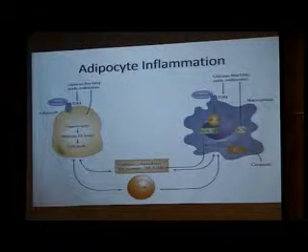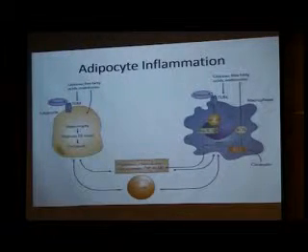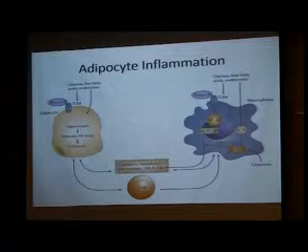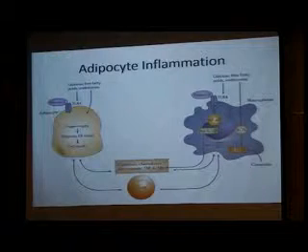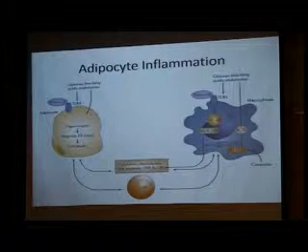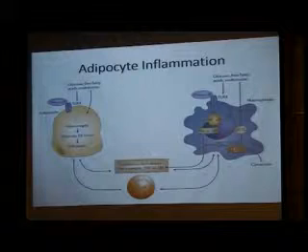We can see there is a protein shown here called fetuin A, and there is a set of proteins in the membrane called TLR4, Toll-like receptor 4. These are one of the triggering factors for the subsequent inflammatory markers within the cell.